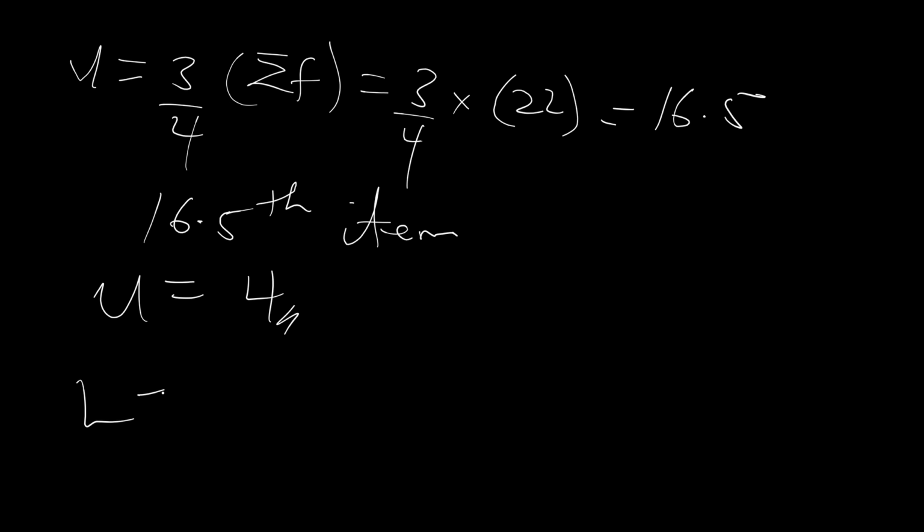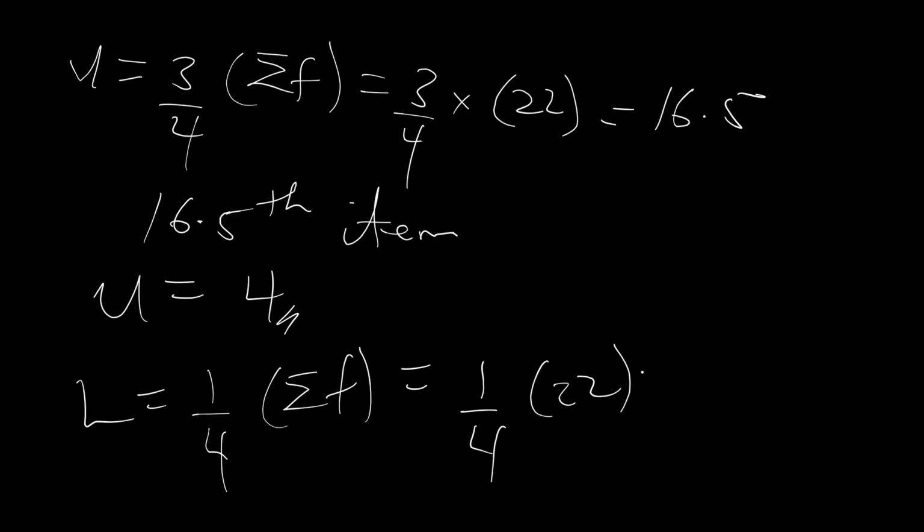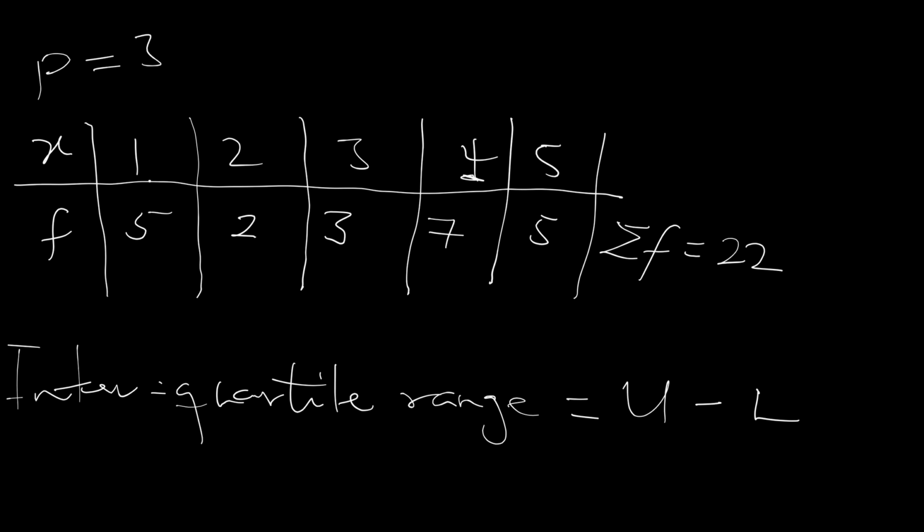Now our lower quartile is equal to 1 over 4 times our sum of f. And this is equal to 1 over 4 times 22, and this gives us 5.5. So our lower quartile will be the 5.5th item. And from our table, the 5.5th item is 2. So our lower quartile is 2.